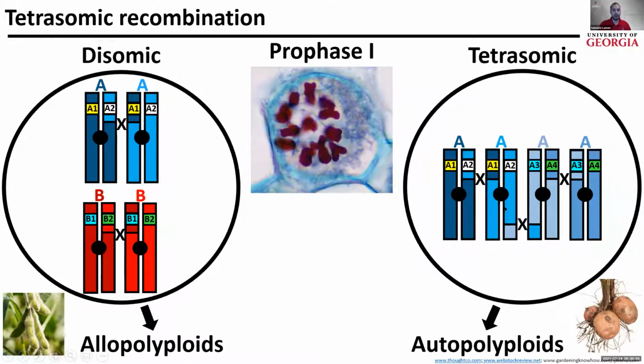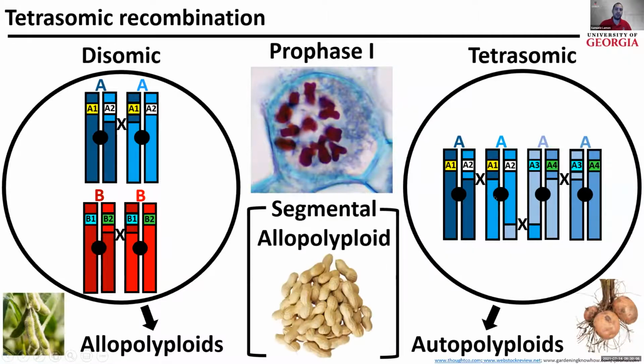So what about peanut? Peanut is a really peculiar crop. It follows a third genetic model called segmental allopolyploid, which means that it mainly behaves as an allopolyploid species with bivalents and disomic recombination, but there is still a significant level of multivalents and tetrasomic recombination.